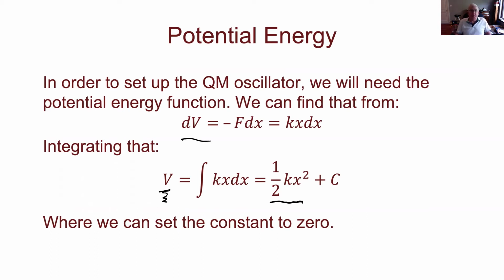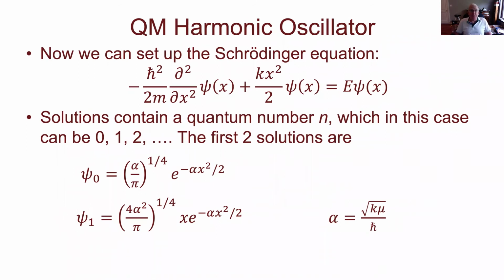The kinetic energy part of the Hamiltonian we already know. We know that from everything else we've done. That's the piece with the second derivative multiplied by a couple of constants in front of that. So we take those and now we've got our Hamiltonian. The first term here, that's the kinetic energy. This piece, that's my 1/2 kx squared, and that multiplies the wave function.